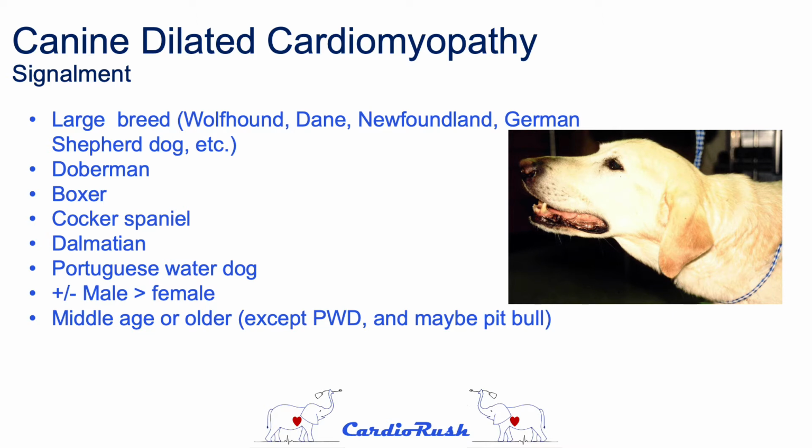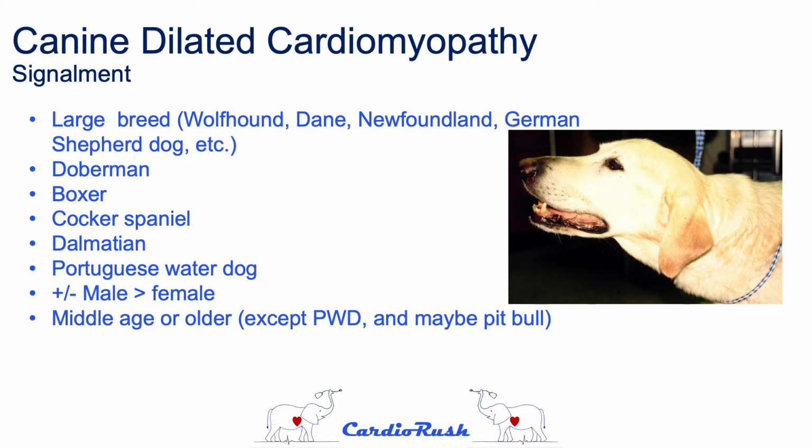Large breed dogs such as Irish Wolfhounds, Great Danes, Newfoundlands, German Shepherds, Labrador Retrievers, and Golden Retrievers may develop dilated cardiomyopathy. Doberman pinschers and boxers have their own form of cardiomyopathy that we'll talk about individually. Cocker Spaniels are one of the few small breed dogs that develop dilated cardiomyopathy, and a variety of other breeds have been described.